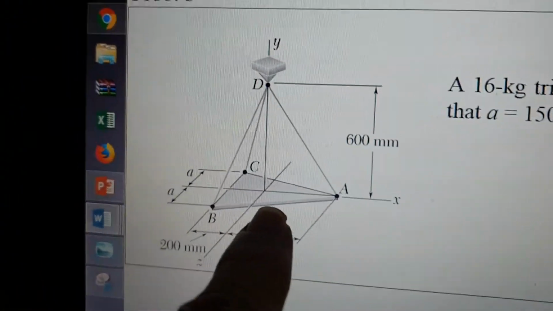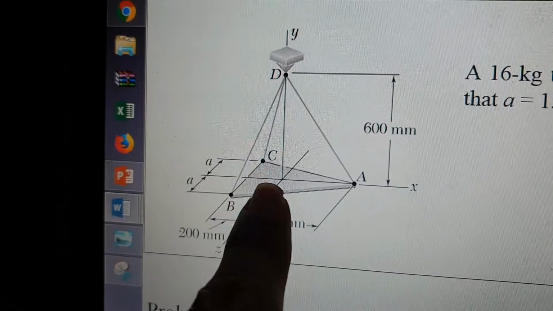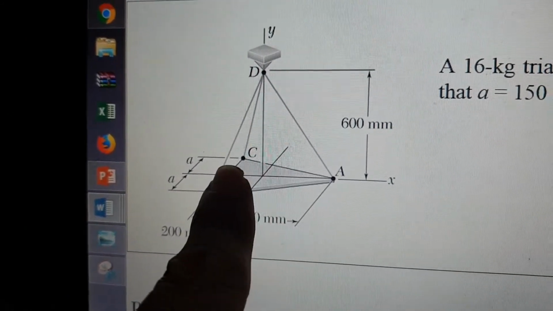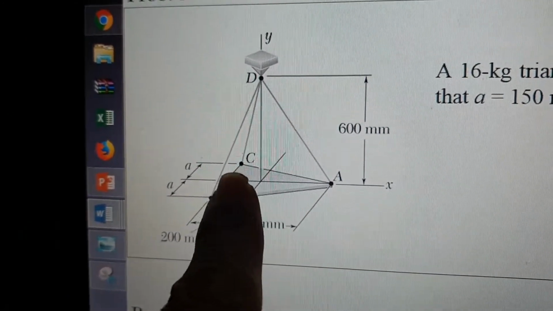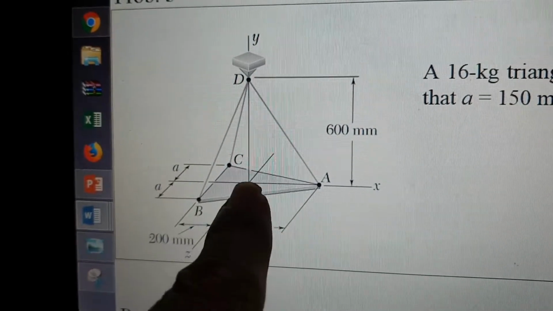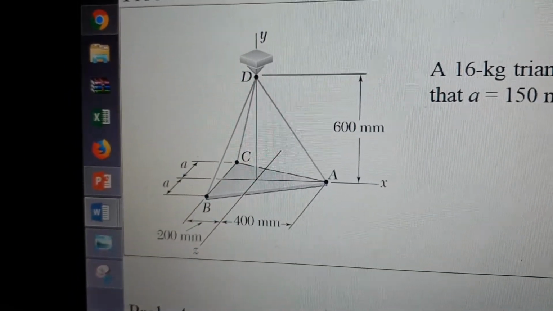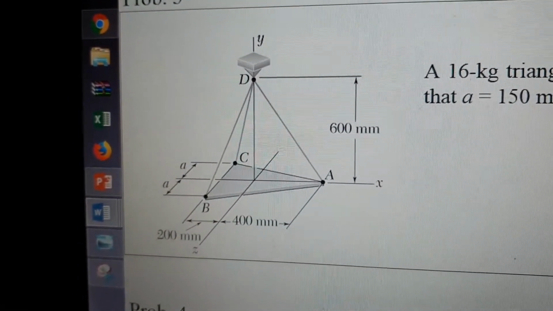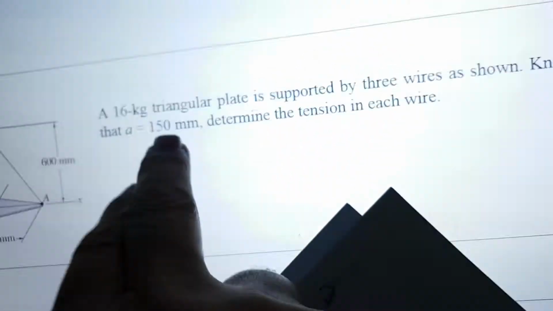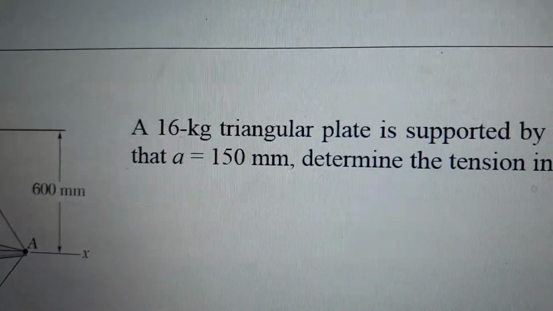So it has a negative x, minus 200, and it's in the negative z, minus a, and a was given as 150, so take a as 150.